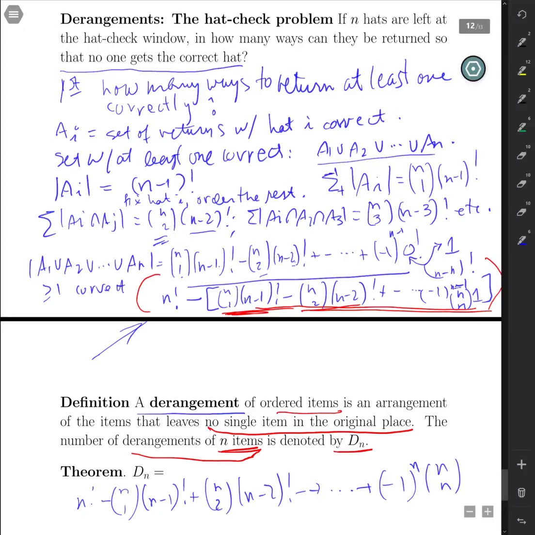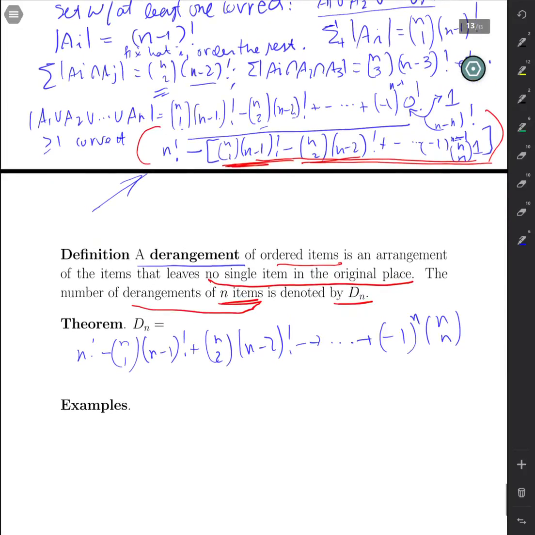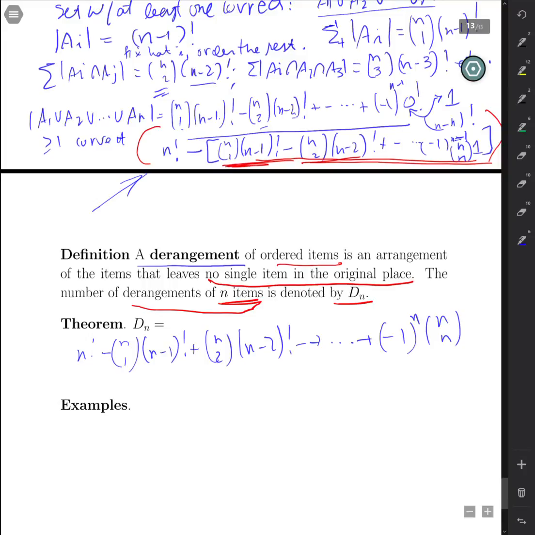All right, so what I want to do with this is something kind of clever, and that is recognize that there is some cancellation we can do here, because the n choose 1 is n factorial over 1 factorial times n minus 1 factorial, and then we have times n minus 1 factorial, and those will cancel.